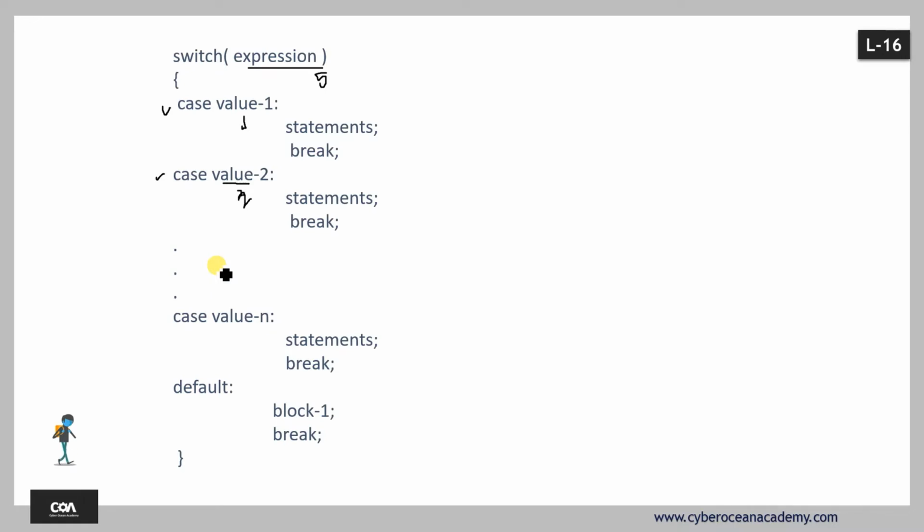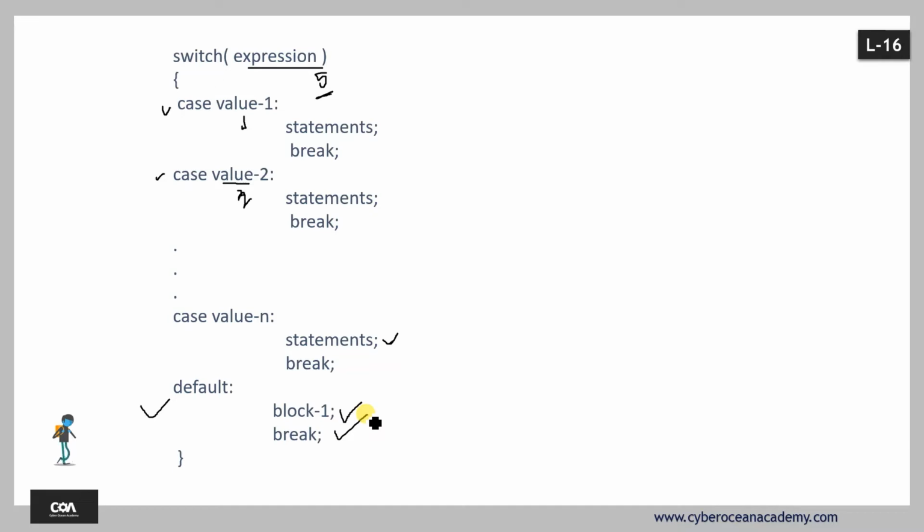When that value matches 5, it will execute that statement, guys. And if the number 5 is not there, then the default statement will execute. So that is the flow control of a switch case statement.